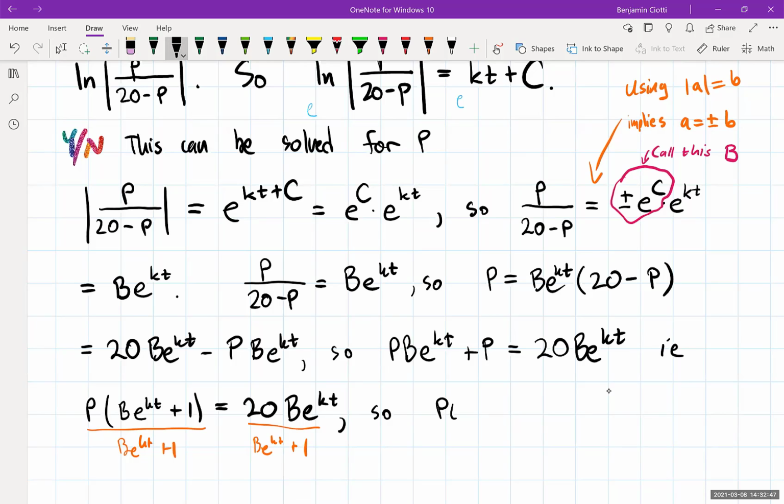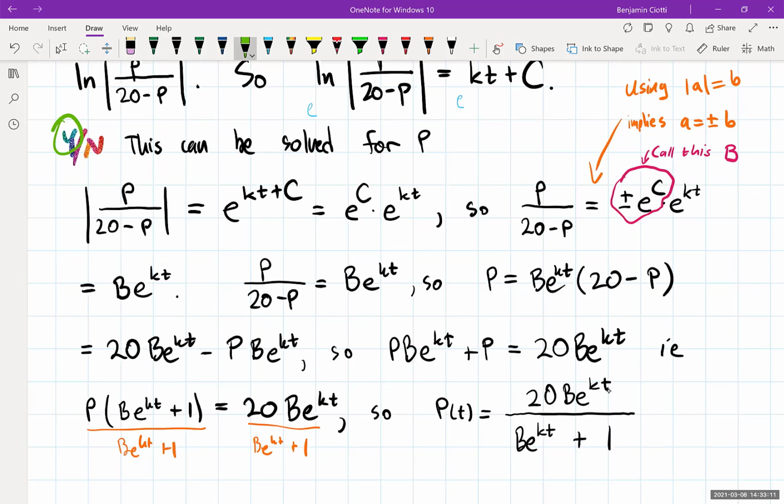And P of t is 20 B e to the kt over B e to the kt plus 1. Wow. All right. So apparently I am able to solve that equation explicitly for P.